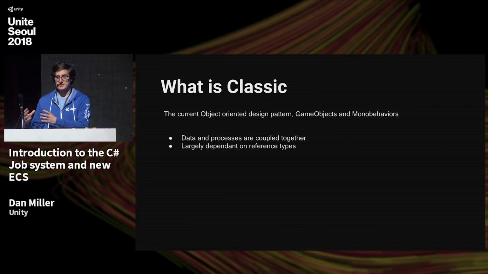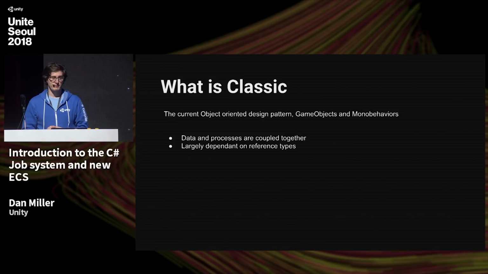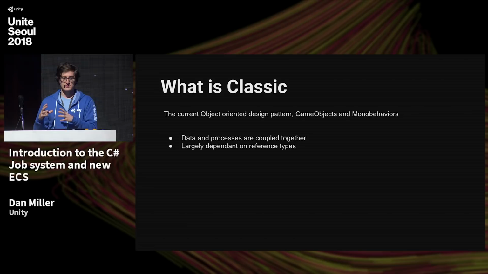You create classes that hold data as well as manipulate that data, and those are objects as well. The data and the processes are coupled together inside of those classes, and it's largely dependent on reference types. So you're often doing things like getting different components and manipulating that data.